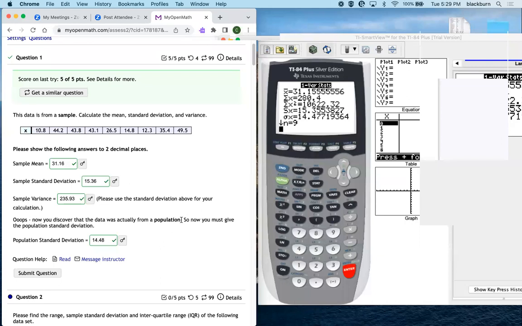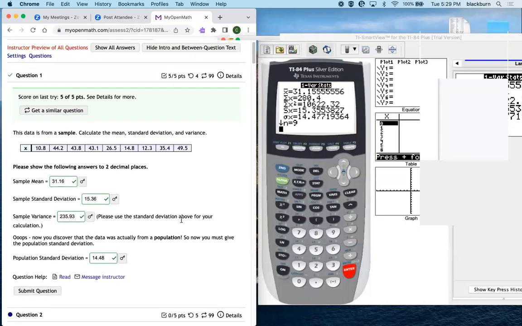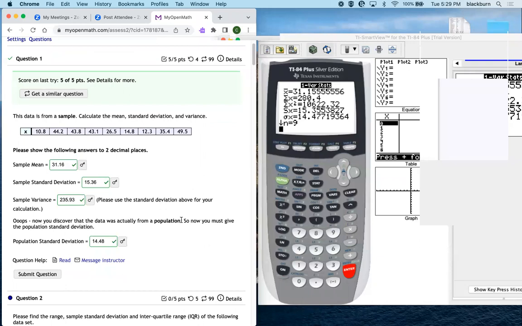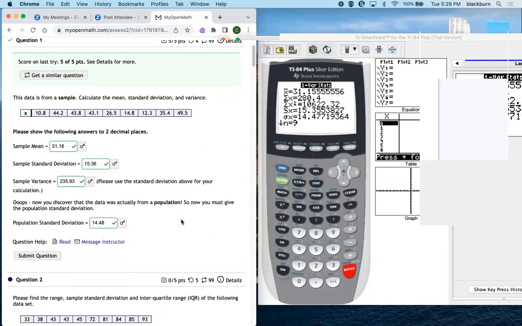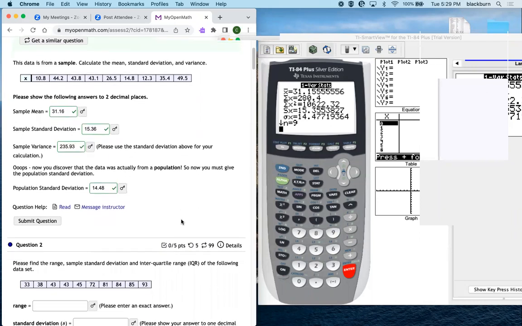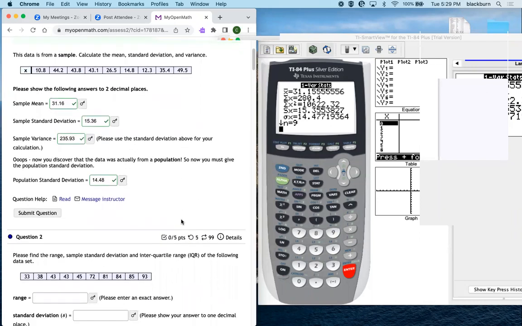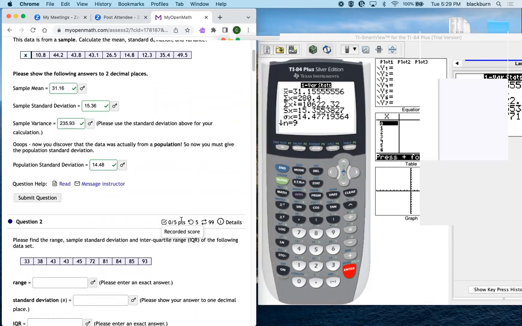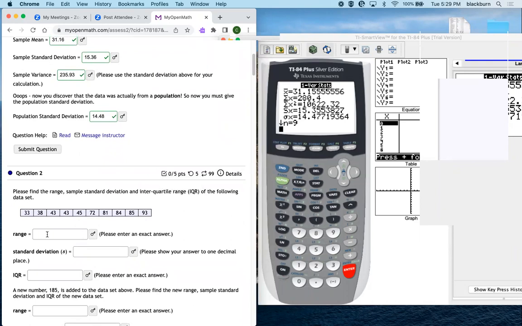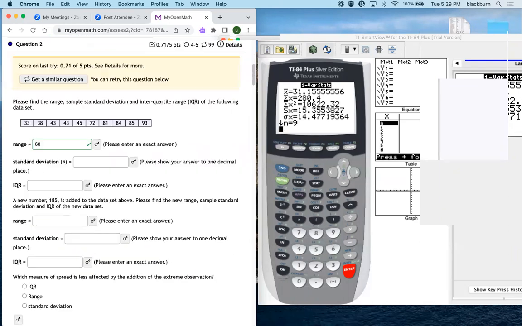Okay, what do we have? What questions on number one? Number two, you would do the same exact calculations. The range is just going to be the high minus the low, so the range would be 60 in this one.